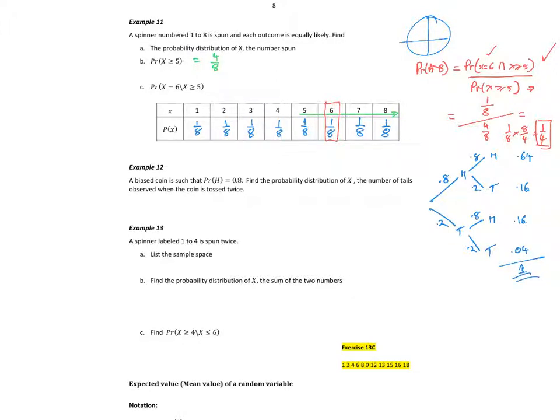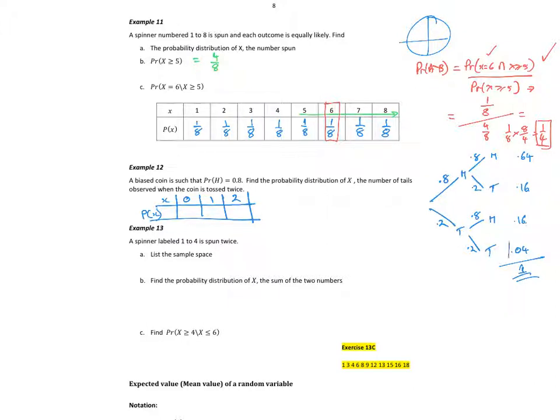So that's my table, right? Sorry, that's my tree diagram. The probability distribution looks like this. There's X, and if I toss a coin, I can have 0 successes, 1 success, 2 successes. In here is the probability of X. So what's the probability of 0 heads?